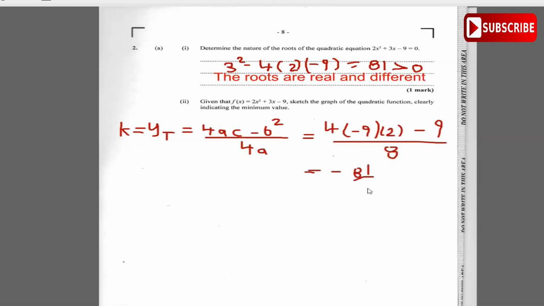All right, then you need to find the value of x that occurs with the minimum value, which is xt, and xt is minus b over a. So it's minus 3 over 2. So now we can sketch the function. We just needed the minimum point. We know that it's a smile function because a is positive.